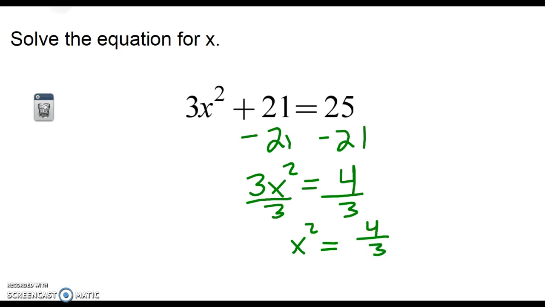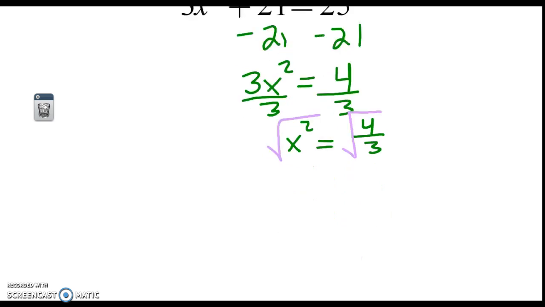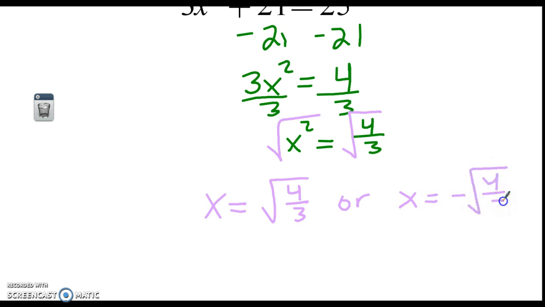To get rid of that exponent, I need to take the square root of both sides. And when I do that, you should know that I get two answers, unless I have 0 on one side. I'm going to have x equals the positive square root of 4 over 3, or x equals the negative square root of 4 over 3.